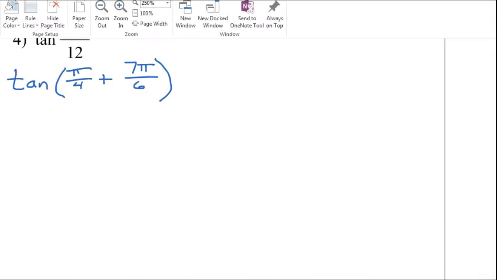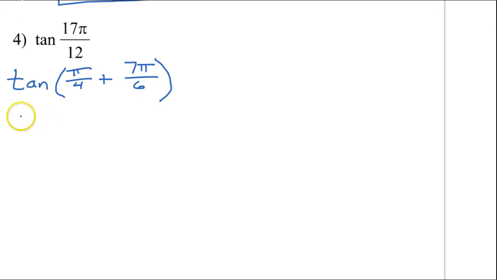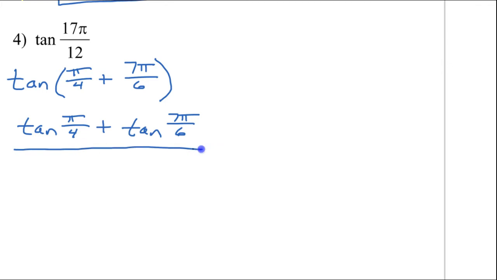Okay, so according to that formula, I should be able to rewrite this as the tangent of pi over 4 plus the tangent of 7 pi over 6, all over 1 minus tangent pi over 4 tangent 7 pi over 6.